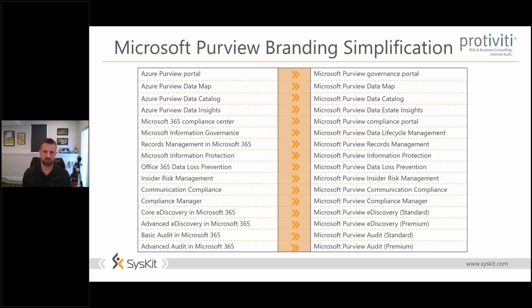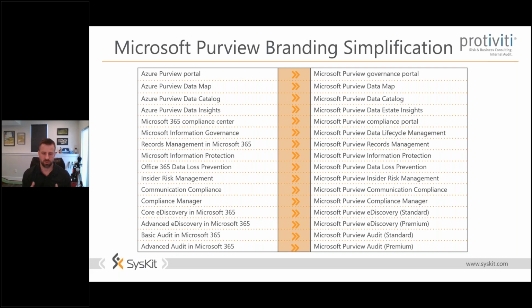Now, they've taken that brand and they've expanded that. So Microsoft Purview is not just Azure Purview, but a combination of Azure Purview and the compliance suite. So if you look on the left, you see the collection of what the names were prior to the Microsoft Purview branding simplification. And on the right, what you'll see is a more standardized approach. So you have Microsoft Purview and then whichever the product is behind it.